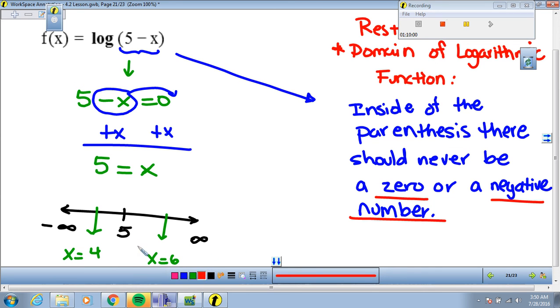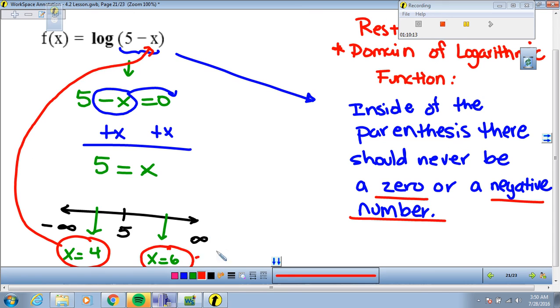What happens if you plug in these numbers? You substitute those two numbers one at a time into this x. The only kind of number that you don't want to get is a 0 or a negative.